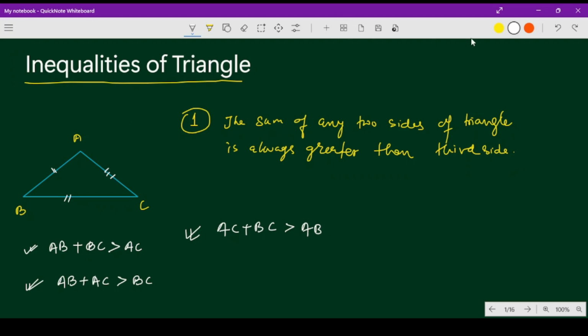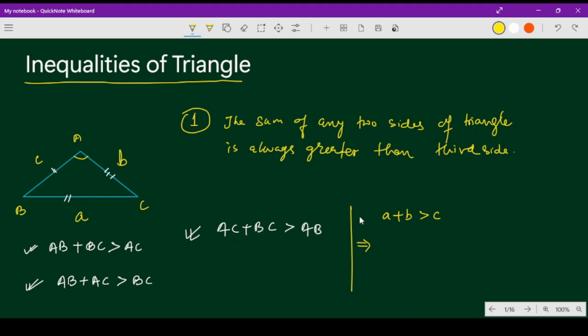Let's say I'm marking the side opposite of angle A as small a, opposite of angle B as small b, and opposite of angle C as small c. Then the same thing we can write this way as well: a plus b, the sum of the sides a and b, is bigger than c.